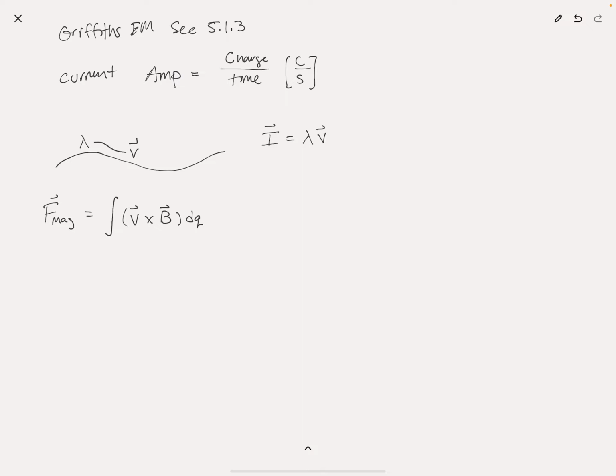The velocity of that charge, the magnetic field that it sits in, and if you add up all of those charges, you would then get the total charge Q.